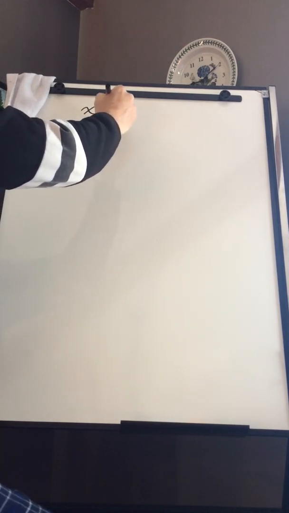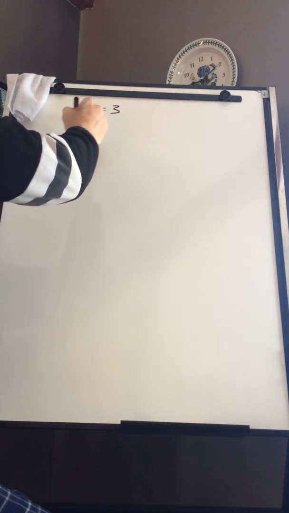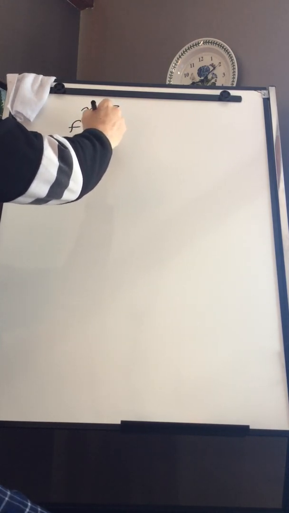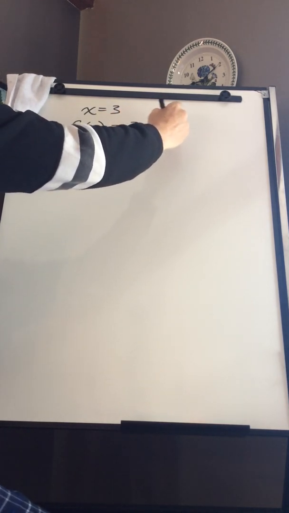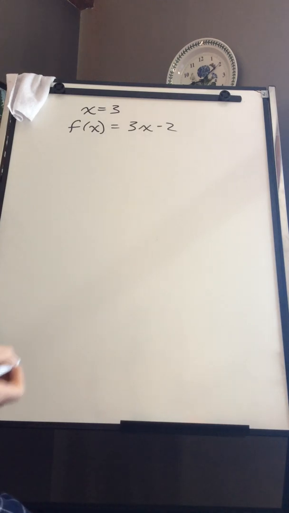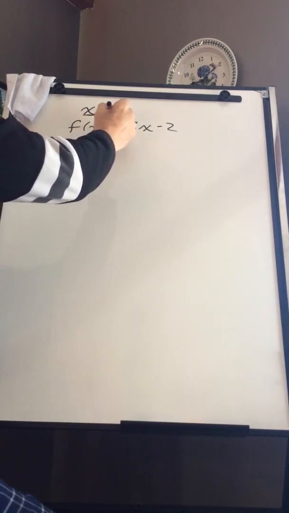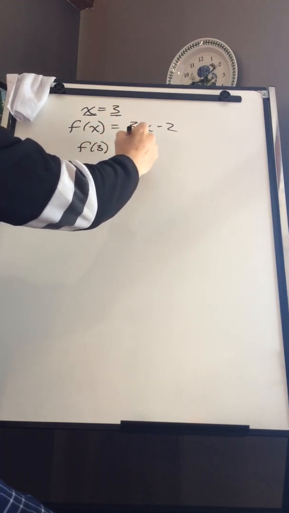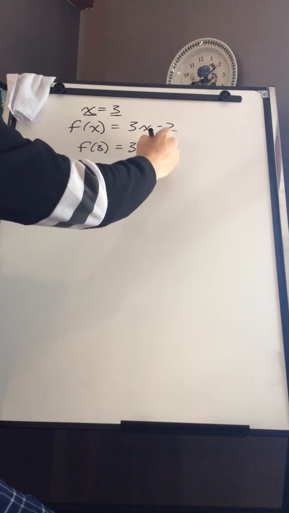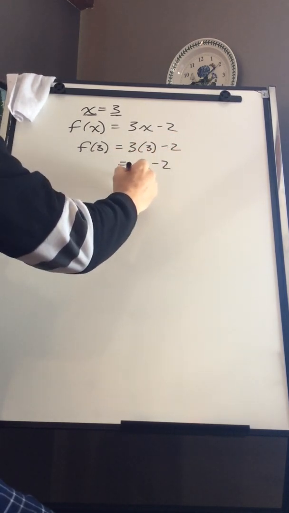If I have something like x equals 3, and I have a function f of x equals 3x minus 2. Let's go real basic. What I'm doing is I'm replacing x with 3. So I have f of 3 equals 3 times 3 minus 2, 9 minus 2, which is 7.